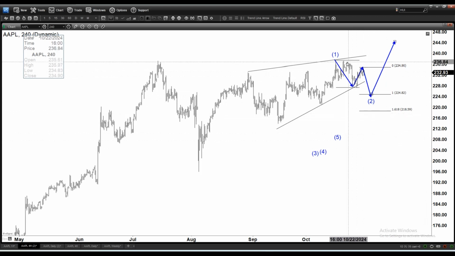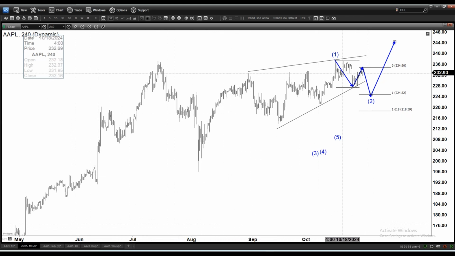Because this one also, subdivision wise, is corrective. It's 3 waves. So if it is corrective, then any subsequent sell-off from that point on is going to follow this corrective structure, in which you're not going to be extending too much on your third leg, right?